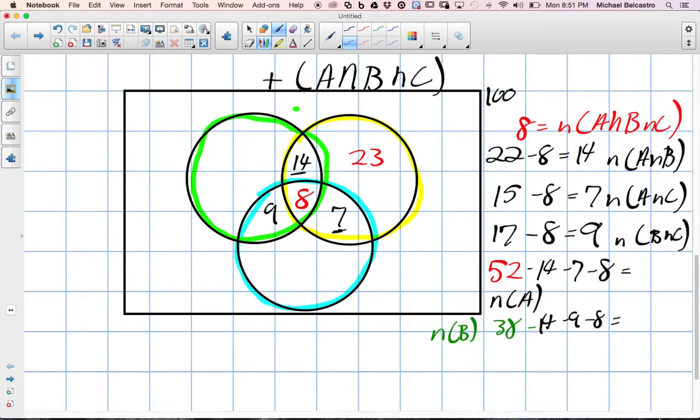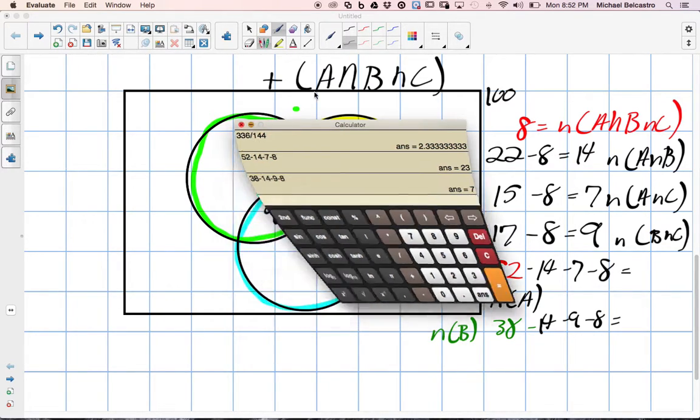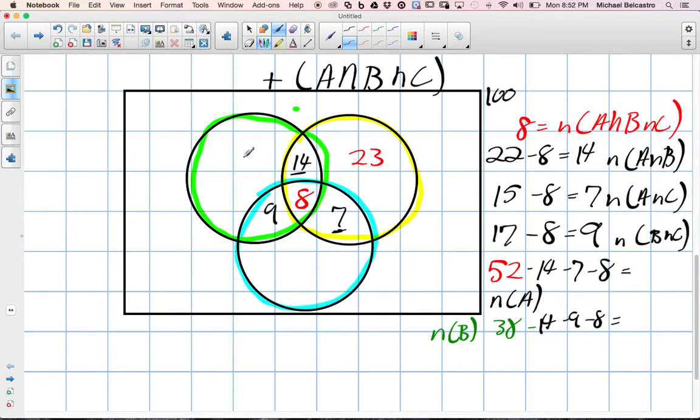Again, we'll quickly do our subtraction, so that's 38, subtract our 14, 9, minus 8. And there are only 7 people who are taking strictly only advanced functions. Okay, so only 7 in this category.